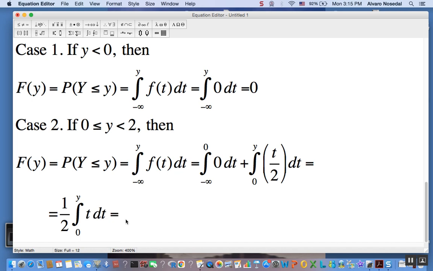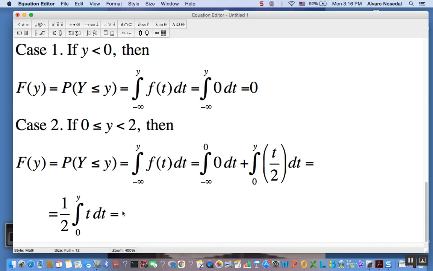And then the integral with respect to t of t is t squared divided by 2. You agree? But then I have to evaluate at y minus the evaluation at 0.